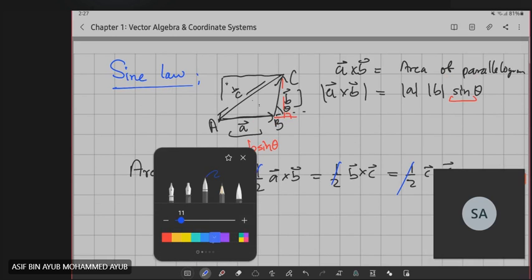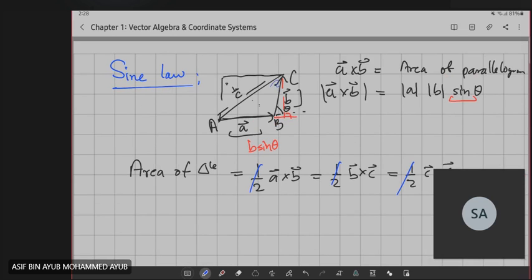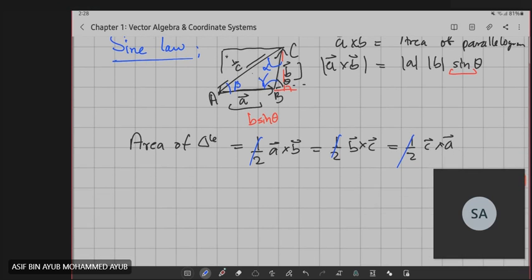Now let's revisit what the angles between these are. This is alpha, and this is beta, and this is gamma. Now A cross B is actually A, B, sine gamma.